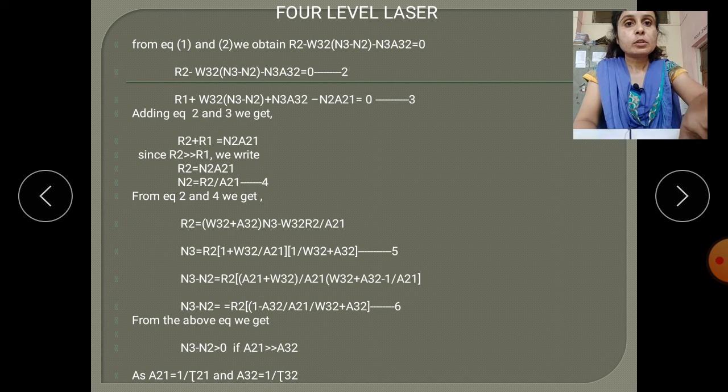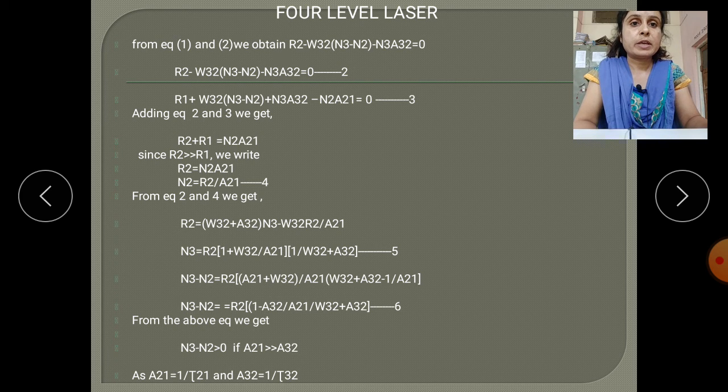So equation second represents (R2 minus W32)(N3 minus N2) minus N3 A32 equal to 0.